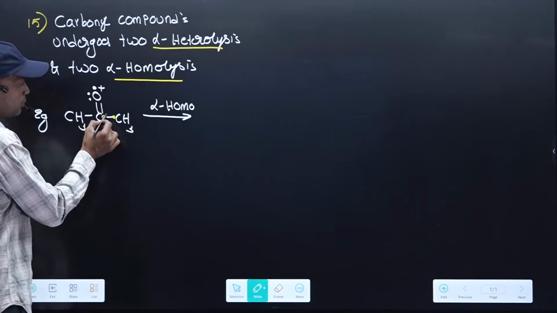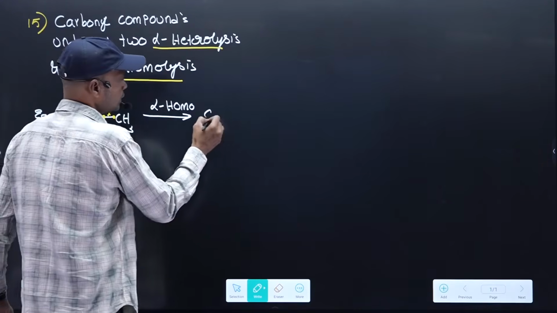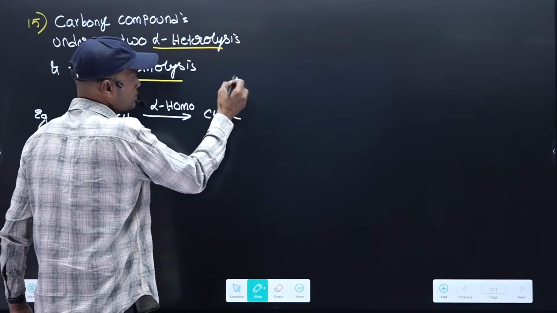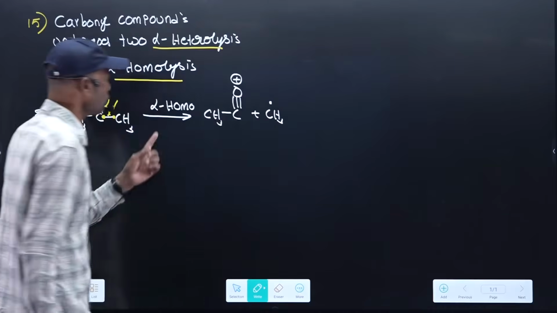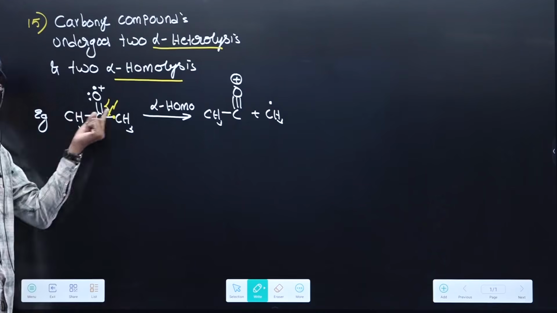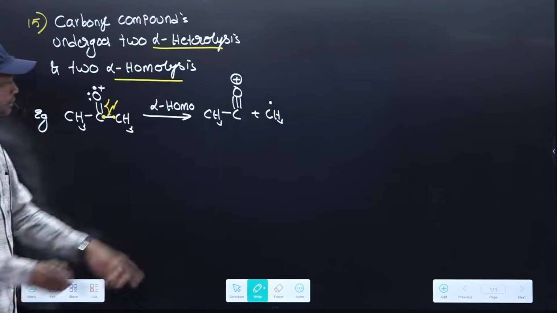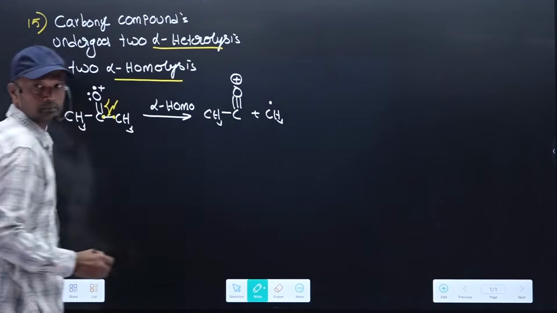This is called the alpha bond. So break this side, and this radical forms a double bond. Here there is a formation of a methyl radical. So this is called alpha homolysis. Here, right side methyl, left side methyl. You can break any one of these bonds and finally you will get an acyl cation. This radical forms a bond, and now you will get acyl.